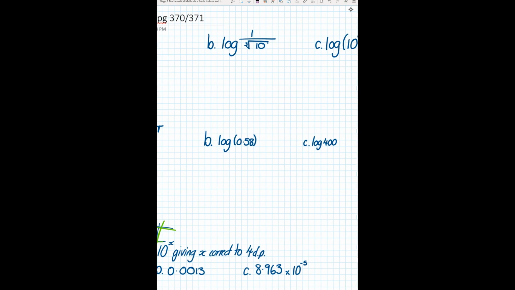Similarly with this one, we can rewrite as, using our index law, 10 to the negative, because it's on the bottom line here, and it's 1/3 because it's the cube root. So our answer is minus 1/3.